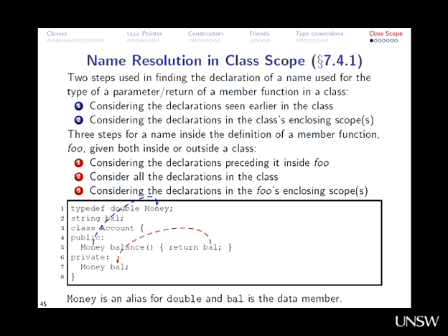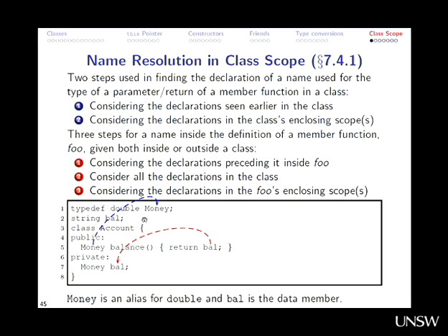First, consider what you've seen earlier, since C++ generally goes from the top down. But then it might also consider what else is in the class's scope. Consider what's happened before, consider the rest of the stuff in the class, and then consider what's inside that particular scope.